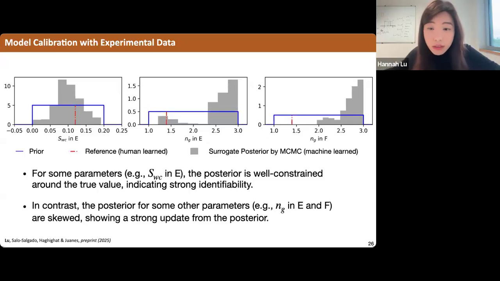For example, this strong skewness observed here may suggest that we need a refined prior towards higher values, and some inferred combinations may also be physically implausible. So that shows we need further validation, maybe through high-fidelity simulations and experimental data, to guide and constrain the parameter identification process.